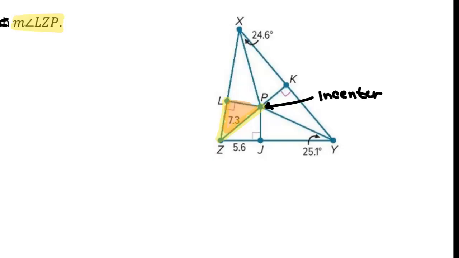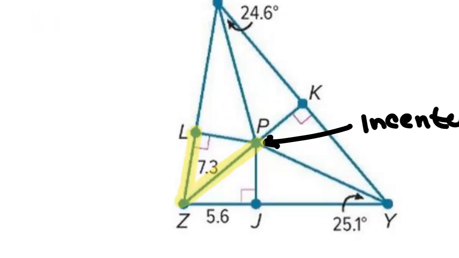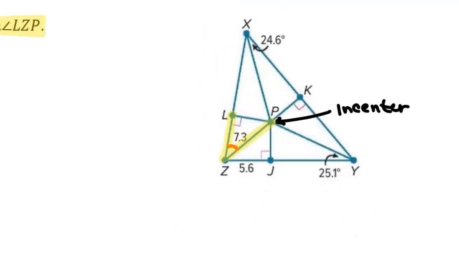Come on, guys. Hang with me. We got 3 days left. Do we know two of the angles on this triangle? No. I know the right angle because that's marked in the corner, but this 7.3 is segment ZP. Okay, so I've got to come up with another way of finding this angle right here. Again, this is the angle that I want.